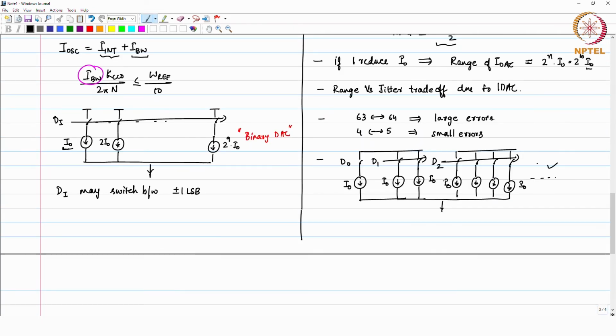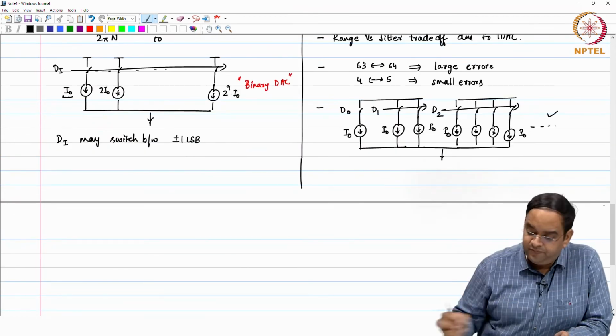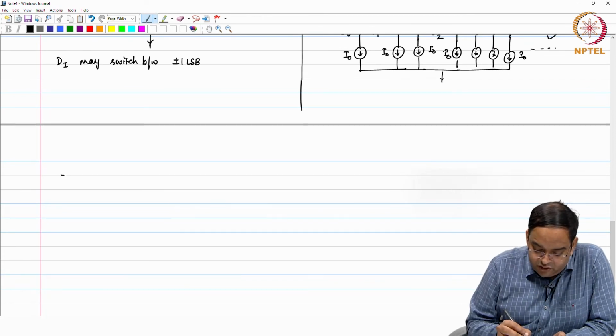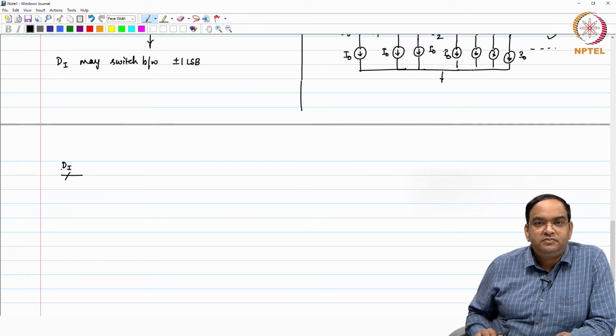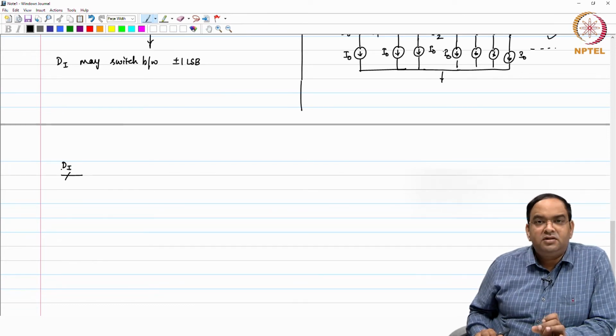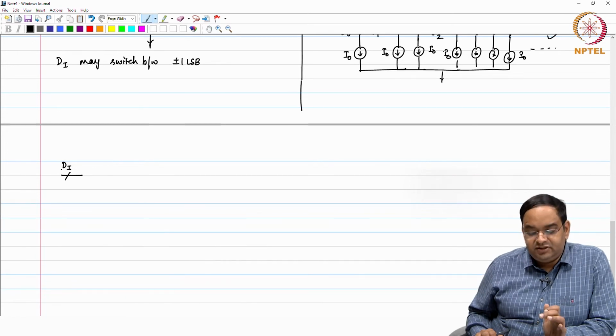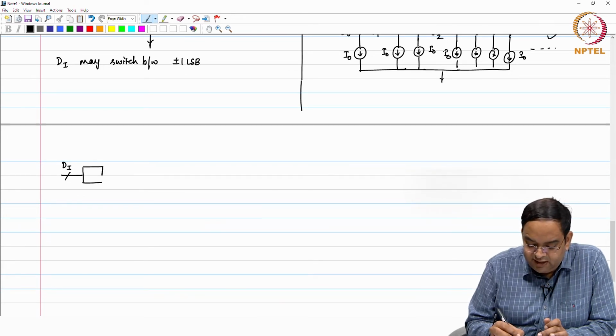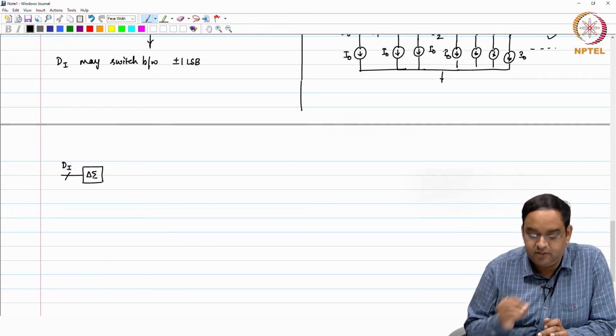Looking at both of these things, the previous approach is good in terms of matching and minimizing the errors, but it is quite cumbersome to implement and manage the matching between them. So, what is done is that your DI, which is a digital signal coming from the integrator, is quantized using a digital delta sigma modulator.